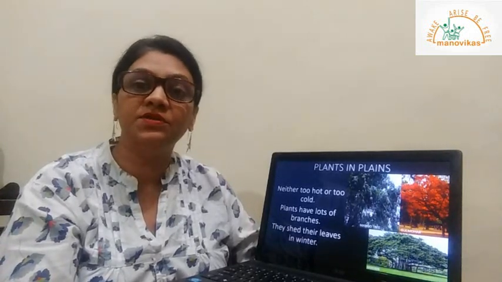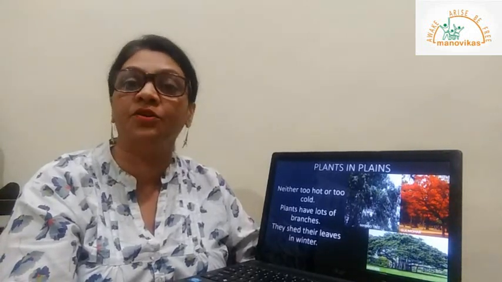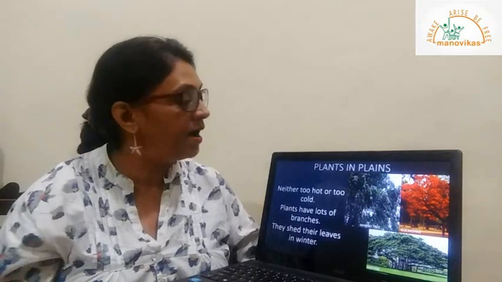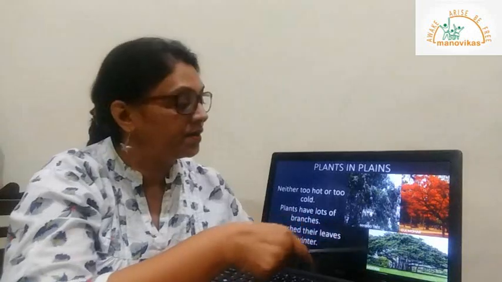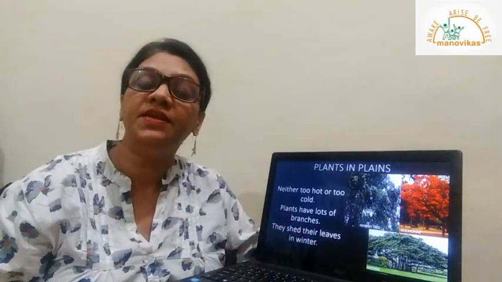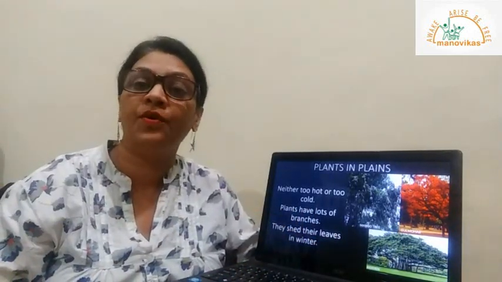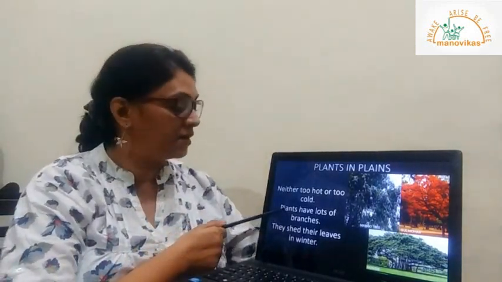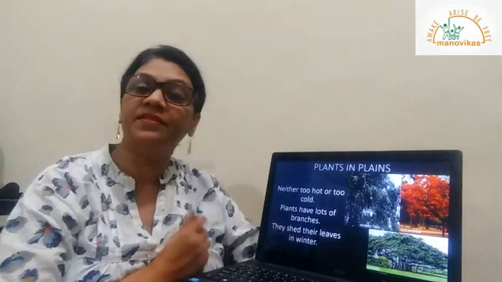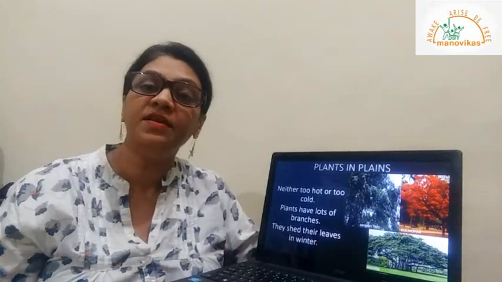Some examples of plants or trees that grow in the plains are mango trees, the gulmohar, the banyan tree. These are trees that grow in the plains, where these plants have a lot of branches and they shed their leaves in winter.